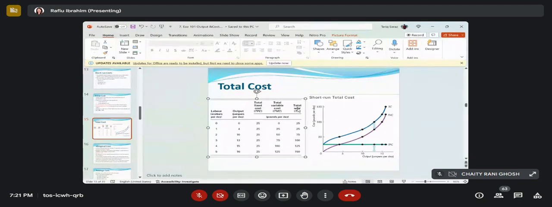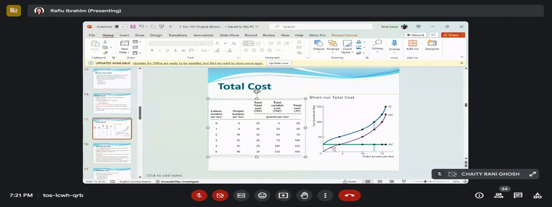Okay. Total cost, the last column, is the addition of the total variable cost and total fixed cost. So that can be found by simply adding these two. On my right hand side, you can see the total cost curve, which is the blue line. Remember, total fixed cost is always going to be horizontal to the x-axis, because it doesn't vary with the number of output.